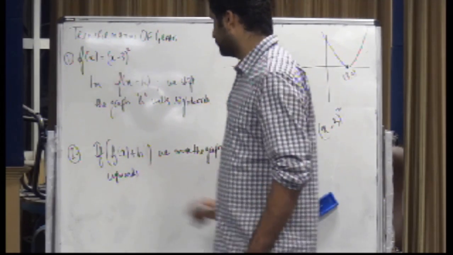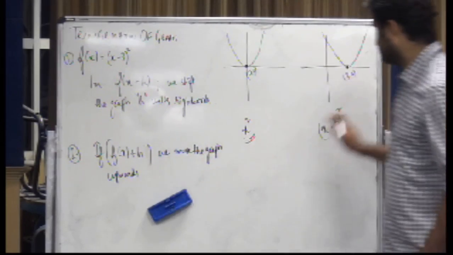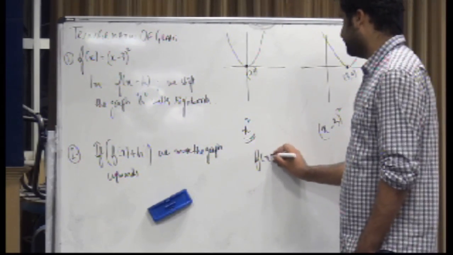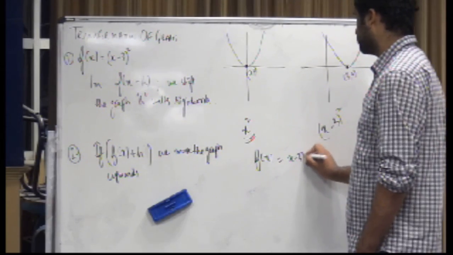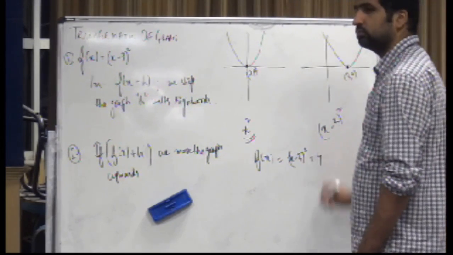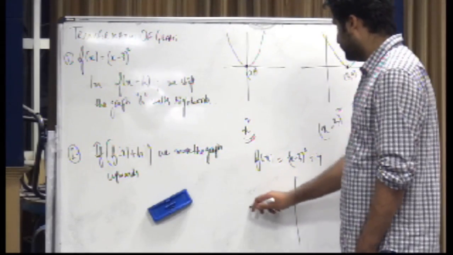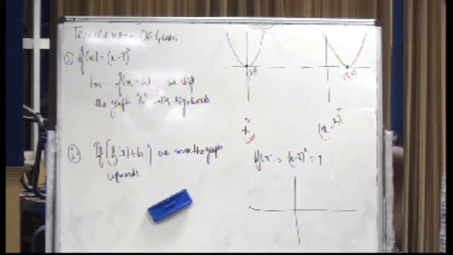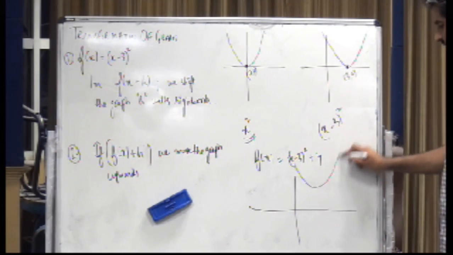Let's suppose you had x minus 3 whole square. Now you want to make the graph of f of x is equal to x minus 3 whole square plus 4. You know that at x is equal to 3 you were getting the value 0. Now you will be getting the value 4. So it goes like this.